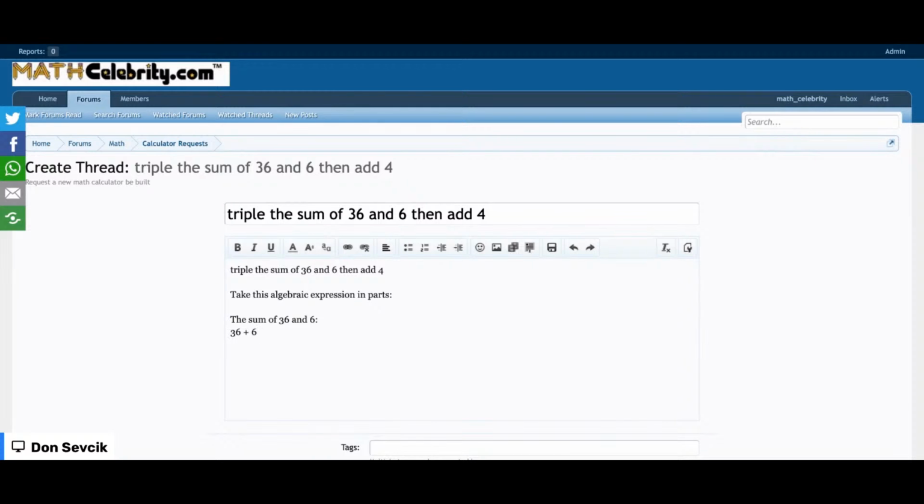Now we can simplify this, but for algebraic expressions, we're just going to leave it as is. Triple the sum means we multiply the sum by 3. 3 times 36 plus 6.